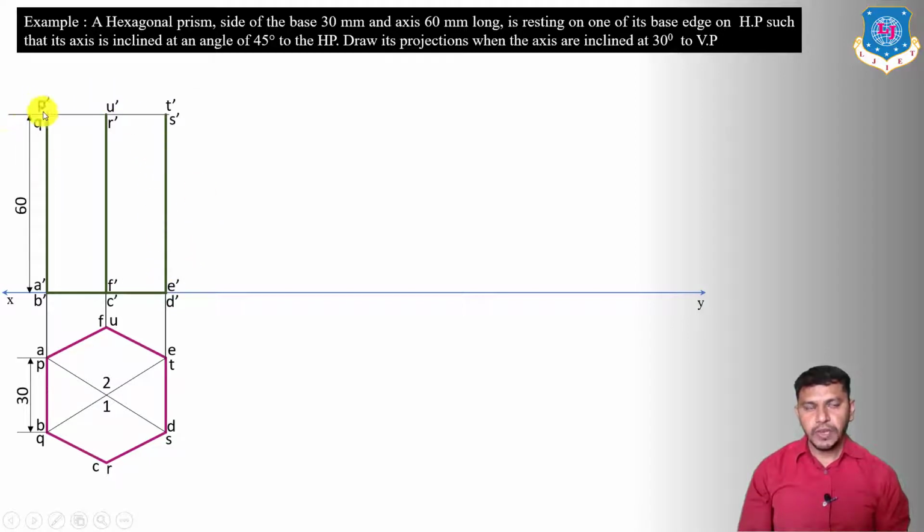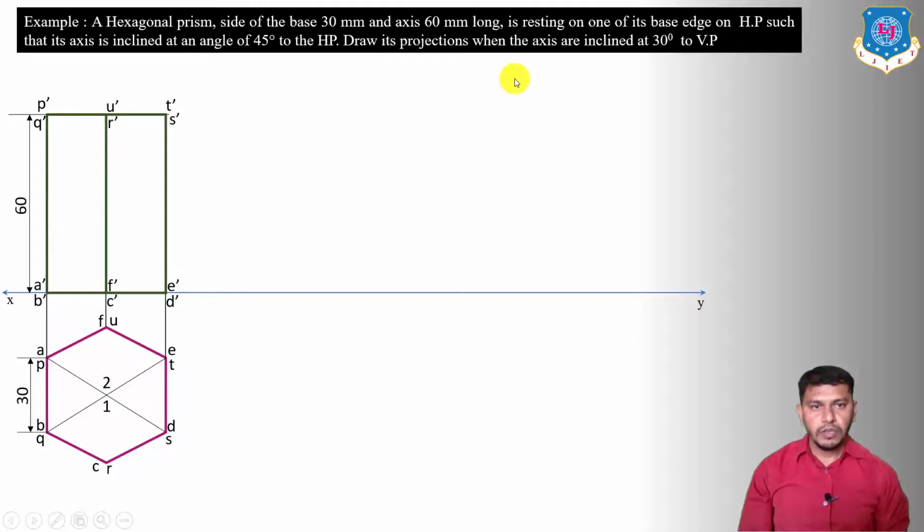So here we have P dash, Q dash, this point will be R dash, U dash, and this point will be T dash, S dash, and this will be our top face. So now you can see that the top view is the hexagon and the front view is a rectangle.